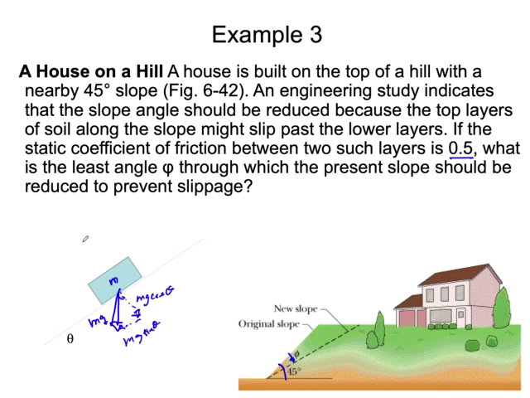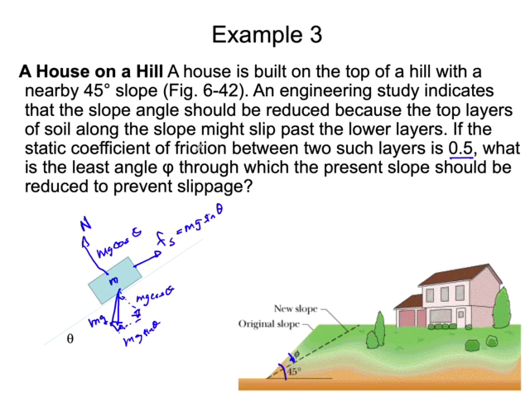The normal force is equal to mg cosine theta. And if we want this thing to stay up here, we need the static force of friction to match this piece that's acting downward, so that's got to equal mg sine theta.